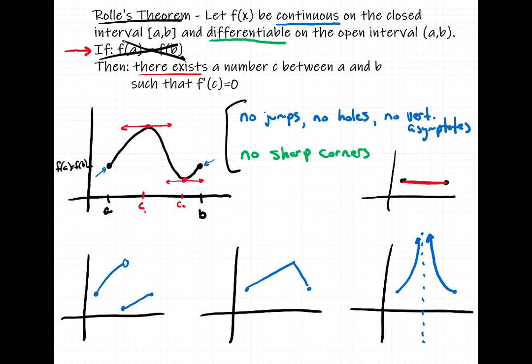But if we get rid of that and say f of A could be any number and f of B could be any other number, so it's a more general case, then this is called the mean value theorem. So it turns out that Rolle's theorem is a specific case of the mean value theorem. Okay, so that's it for Rolle's theorem. In my next video, I will discuss the mean value theorem.